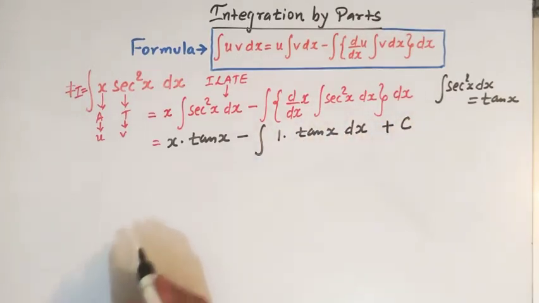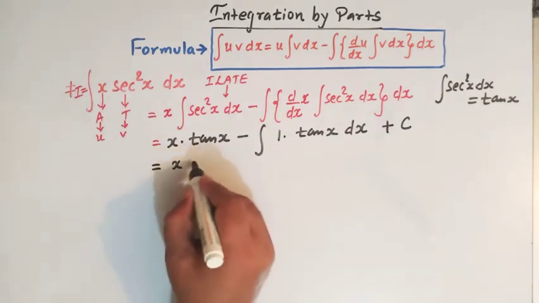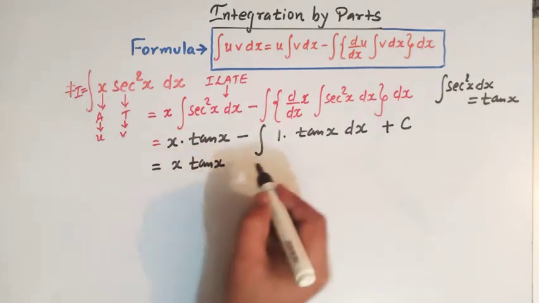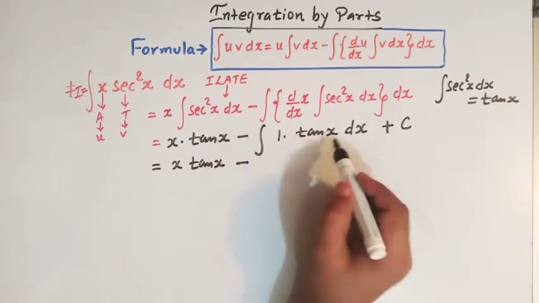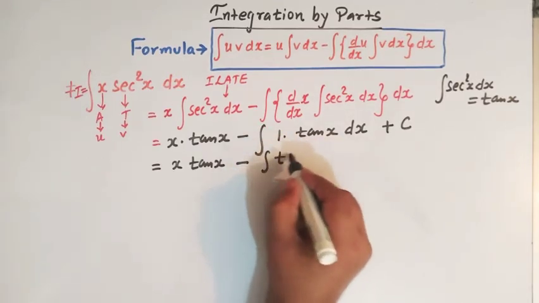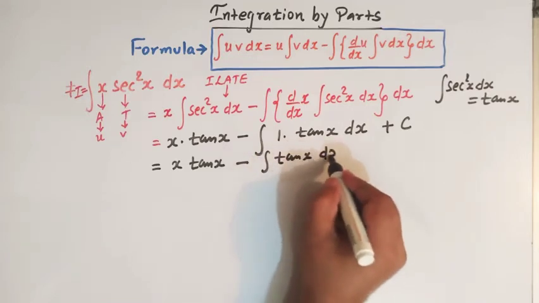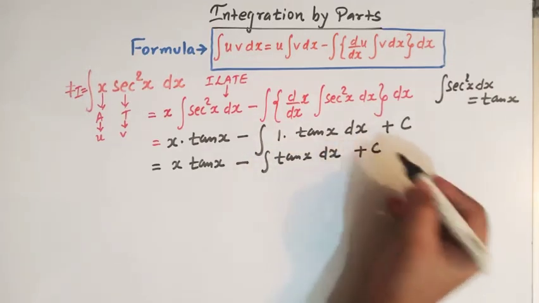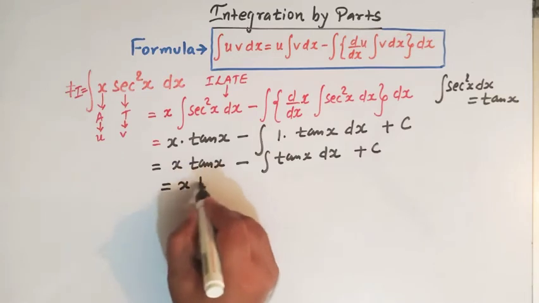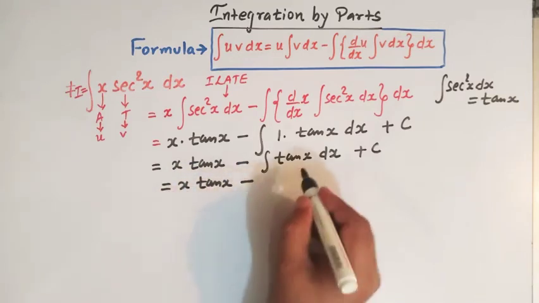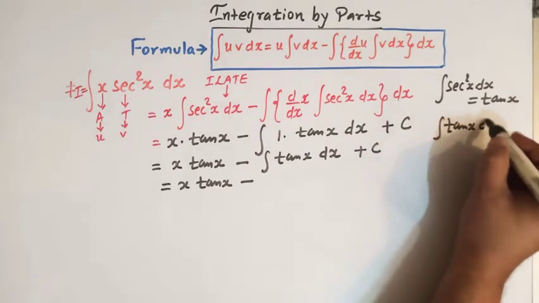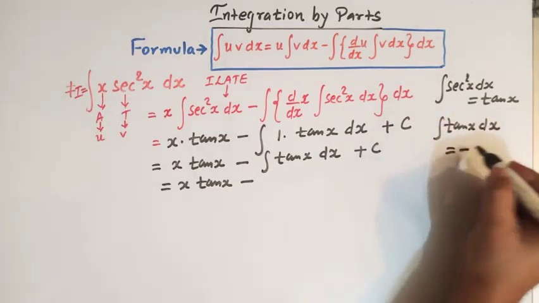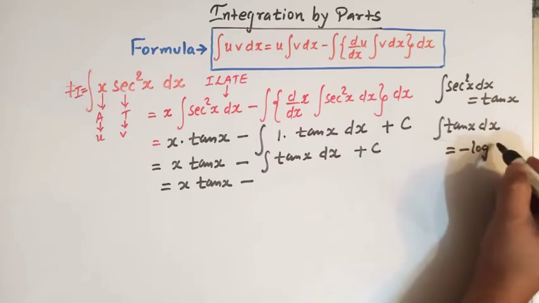C is the constant of integration. So this is x tan x minus integral of tan x, right? We have integral of tan x. Now this is x tan x, and we know that the integral of tan x is minus log of cos x.